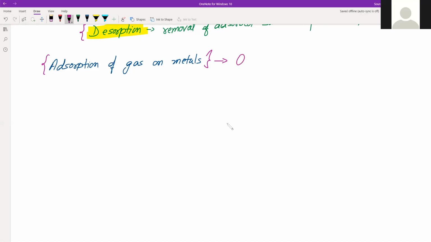That is O-C-C-L-U-S-I-O-N, occlusion. Right, so these are different words or terms which we see.